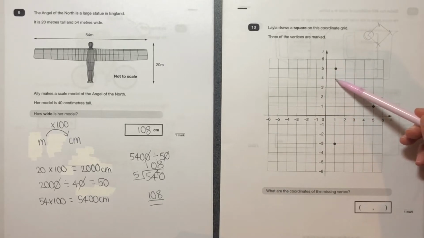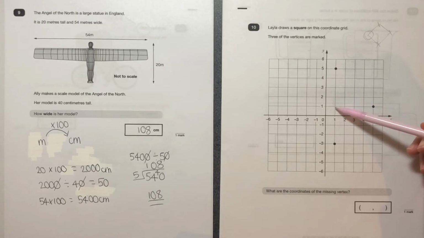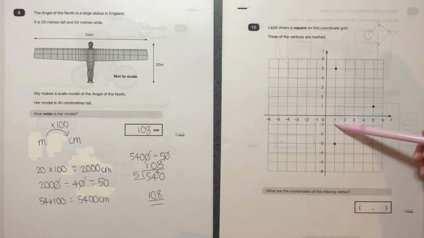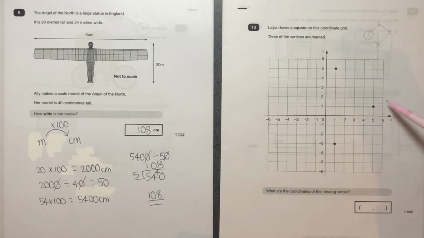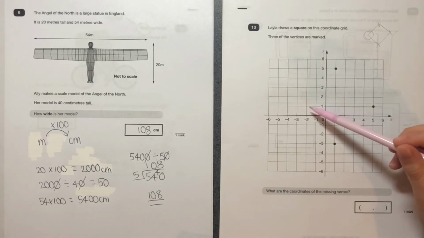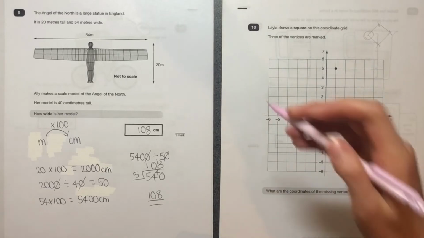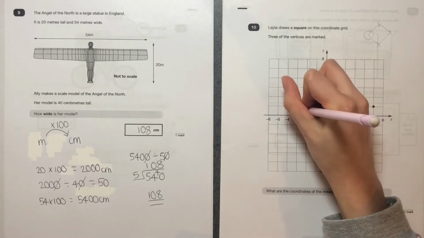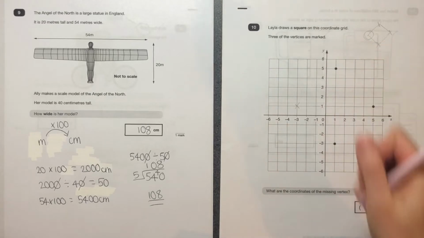So we've got 1, 2, 3, 4, 5, 6, 7, 8. To find our other point, we are going to go from this point 1, 2, 3, 4, 5, 6, 7, 8. And that is our missing point.